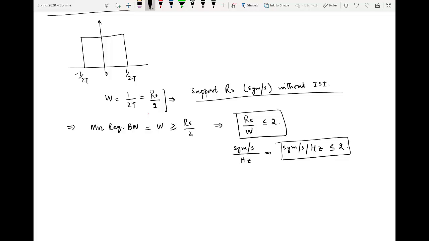And this particular thing, which is symbols per second per hertz, is denoted as the bandwidth efficiency. I will tell you how it is bandwidth efficiency. Bandwidth efficiency means that it is measuring the capability of any scheme, that how much data rate it can support in a given bandwidth. So if you see the units, let me explain how.